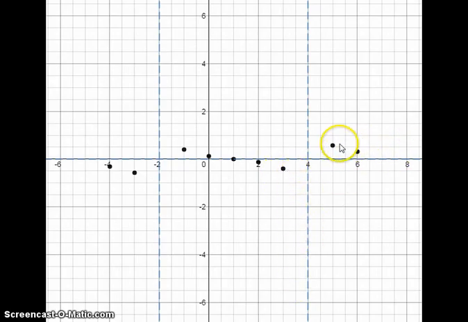And then finally, our last section of the curve, or last branch, is over here. It will decrease towards 0 as x increases in the positive direction, and it will increase sharply as x approaches 4 from the positive direction. Let's plot a few more points that are right around our asymptotes just to make sure.